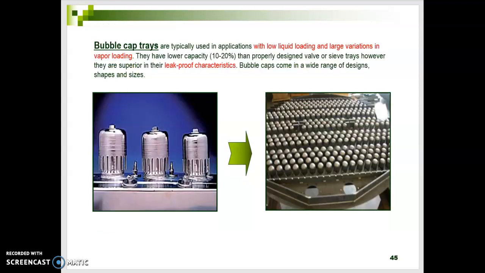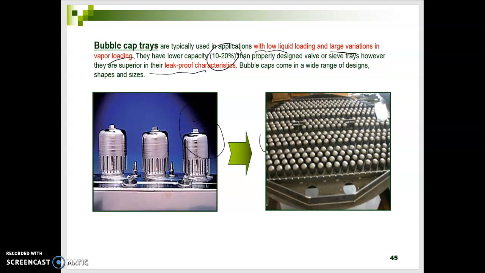For the bubble cap tray, you can see here there are caps on the plates of the tray. It is applied for low liquid loading and large variations in vapor loading. The capacity is between 10 to 20, and they are superior in their leak-proof characteristics.